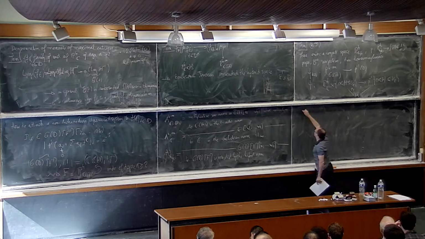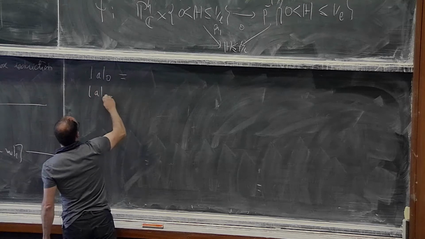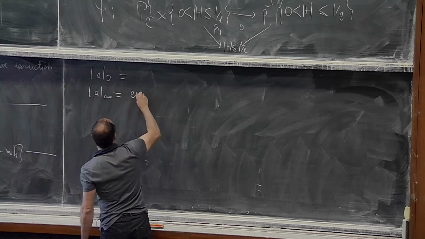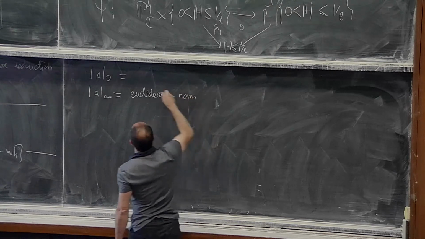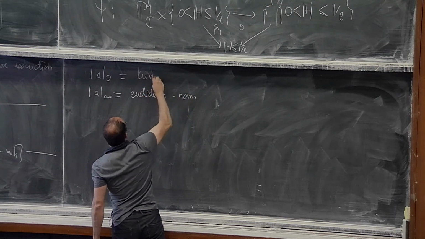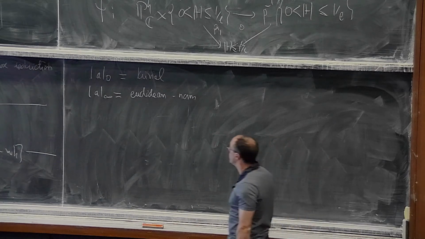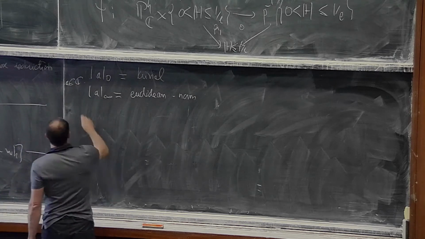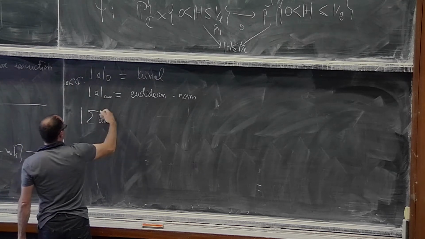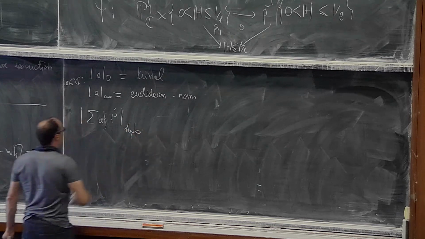So what is the hybrid norm? Let me write. A infinity is the standard Euclidean norm, and A naught is the trivial norm, which is equal to 1 if A is nonzero, and 0 if A is equal to 0. This is for A a complex number. And so what is the hybrid norm of a series like this?